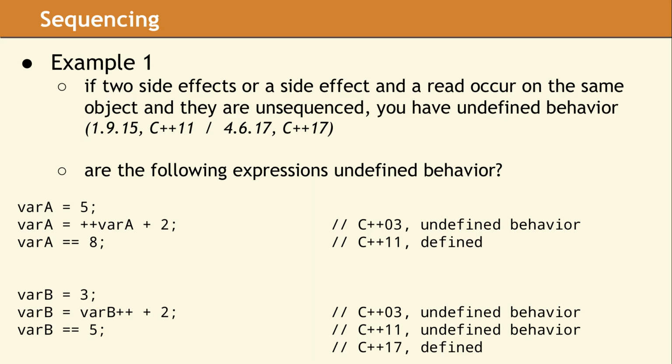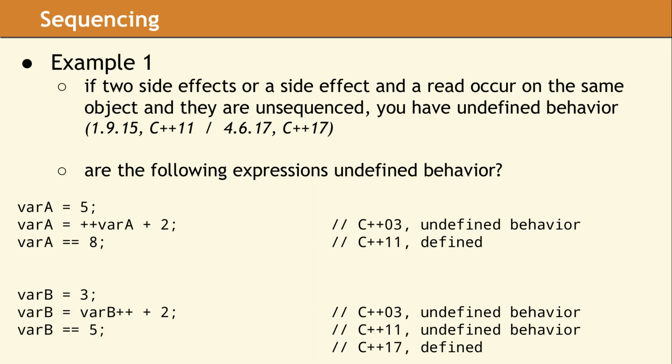behavior. In C++11, with the migration to the sequenced before and sequenced after terminology, a rule was added stating the side effect of a pre-increment operation is sequenced before the value of the operation is computed. This makes the example using var A well defined.